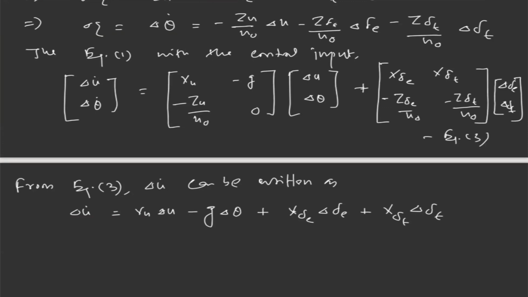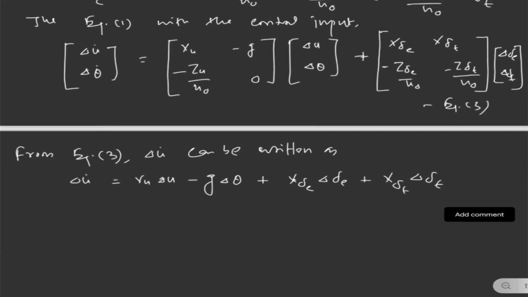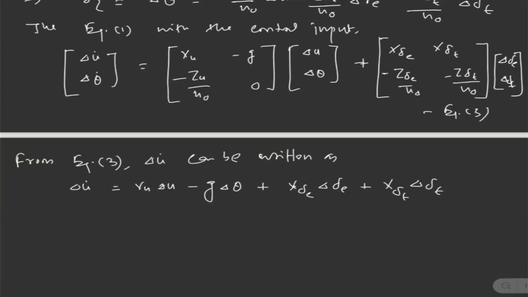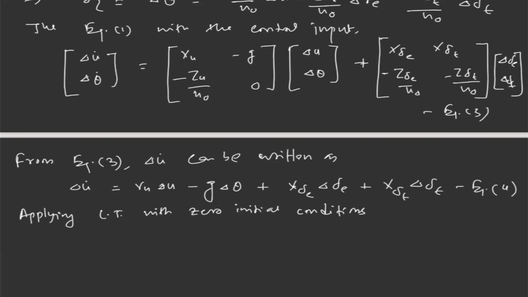If you apply the Laplace transform, let's call this equation number 4, applying it with zero initial conditions, because the transfer function we are going to find is valid with zero initial conditions.